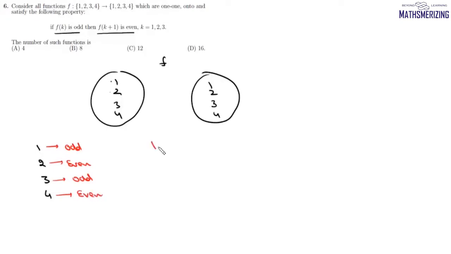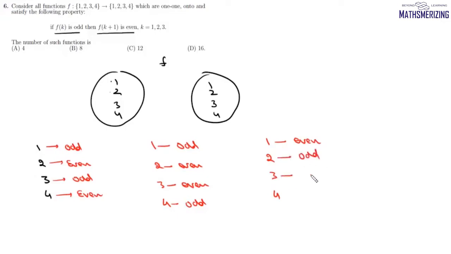Another possibility is this 1 is odd, then 2 is even, 3 is even, and 4 is odd. And we'll have one more possibility, which is when we have 1, 2, 3, 4, where 1 is even, 2 is odd. If 2 is odd, 3 is even, and then this 4, it will be simply odd.